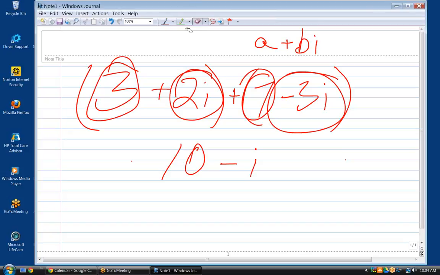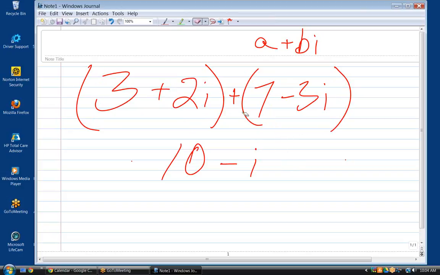If I put a minus sign in there to subtract the two, then the answer is minus 4, and then you'd have 2i minus a minus 3i, which would give you plus 5i. So adding and subtracting is a piece of cake.